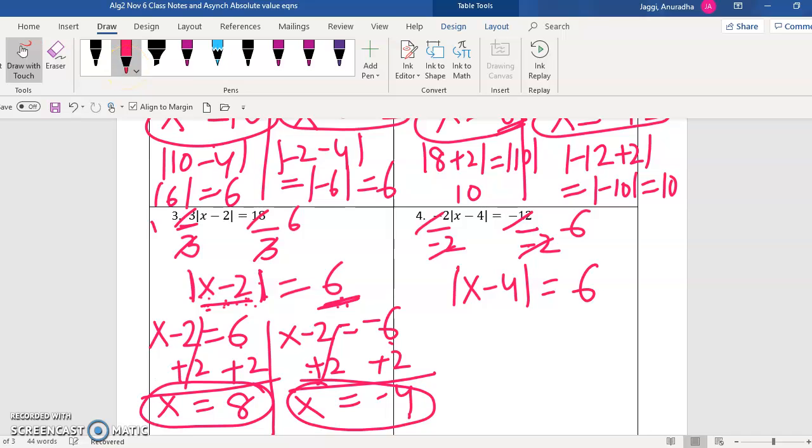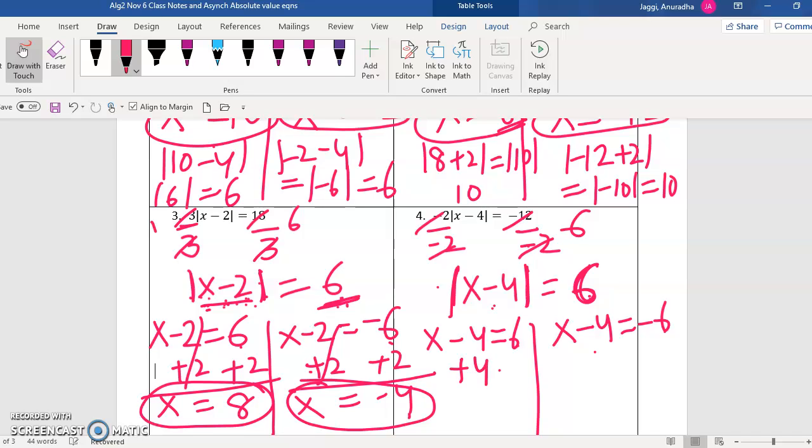So the left hand side is only inside the absolute value sign, nothing multiplied, nothing added outside, and the right hand side is a positive number. Now I'm ready to split it. x minus 4 is equal to 6, and the other one will be x minus 4 equals negative 6. One time negative of this, one time positive of this, and copy the inside on the left hand side.